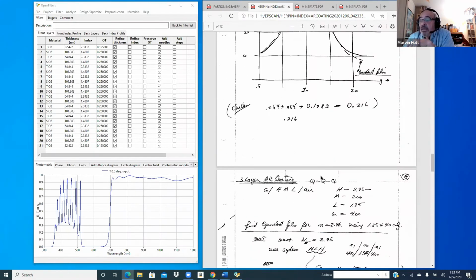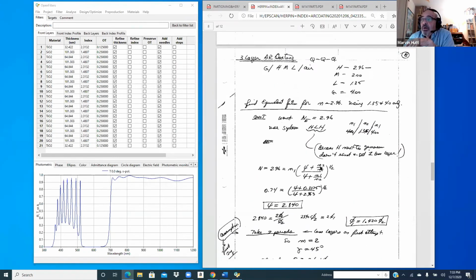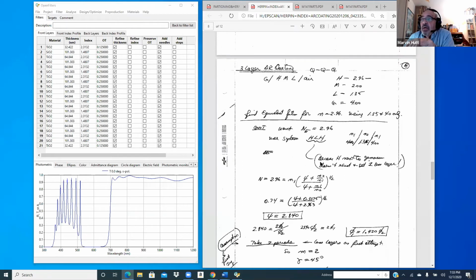The other example is our famous quarter-wave coating on germanium, all right, germanium or glass. What is it? Did I put it as high as 2.96? Medium is 2.4, germanium.